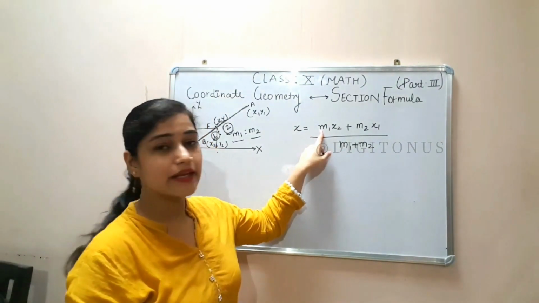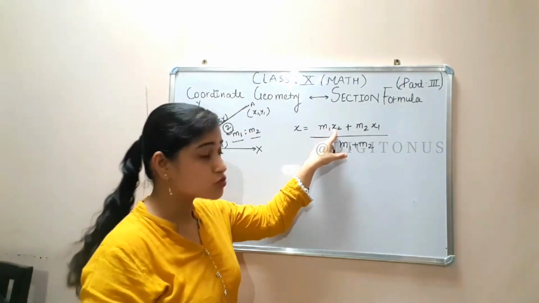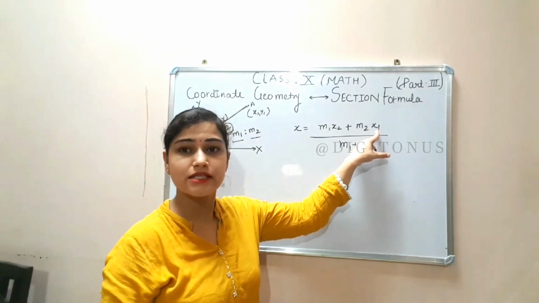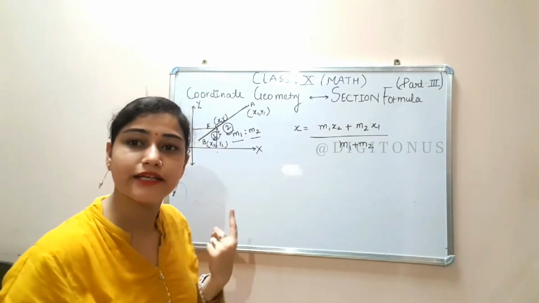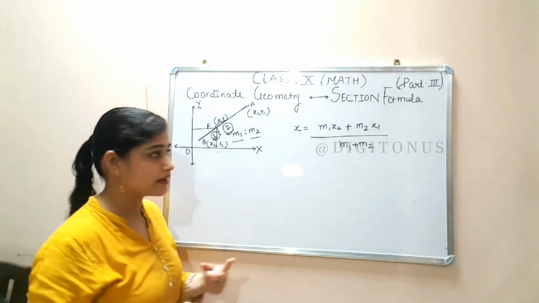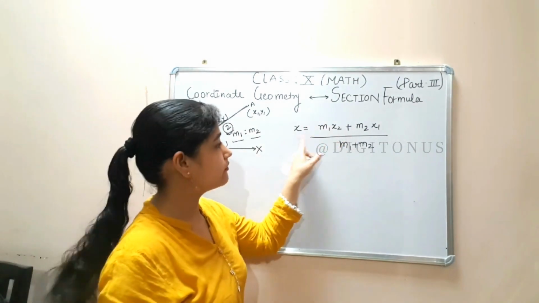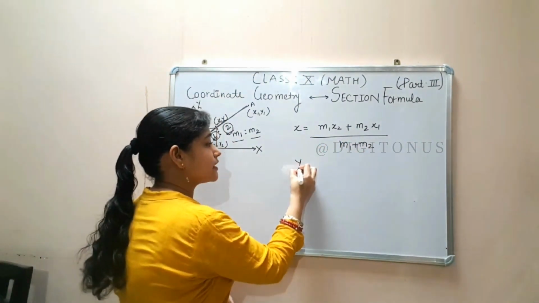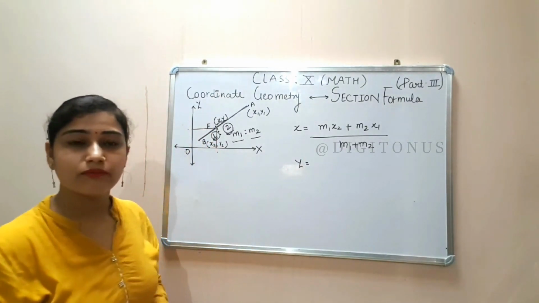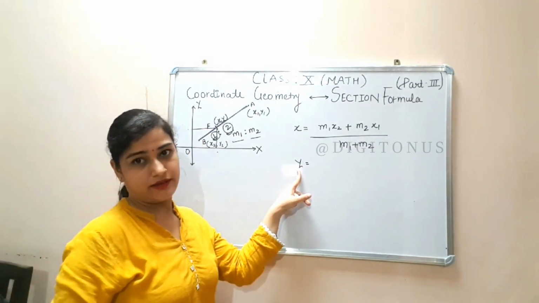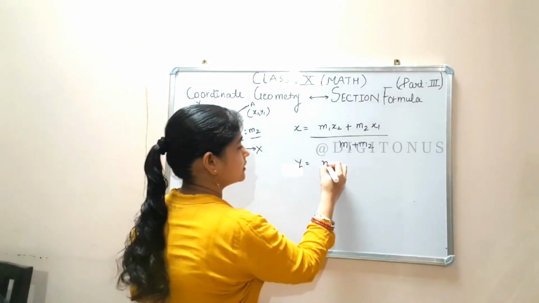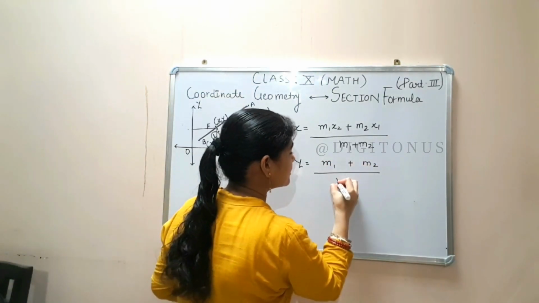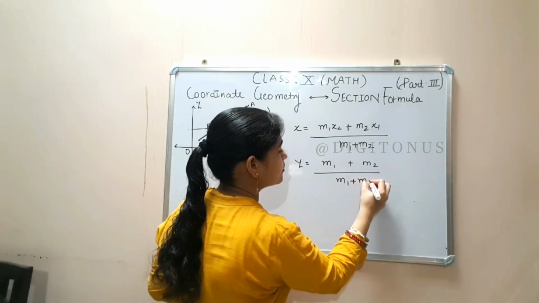If you take m1 first, take x2 with it, and with m2 take x1. Take the opposite: with m1 take x2 and with m2 take x1, add them and divide by m1 plus m2. And by the same formula we will find the value of coordinate point y. How? m1 and m2 are the same, plus upon m1 plus m2.